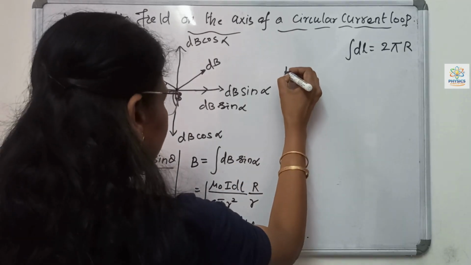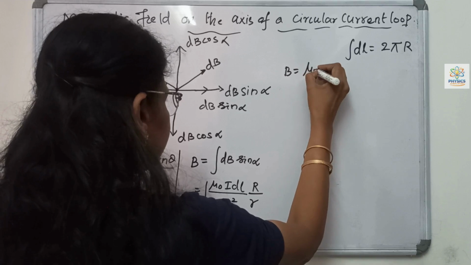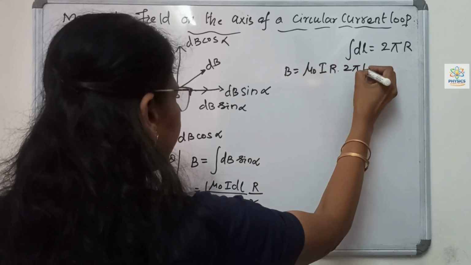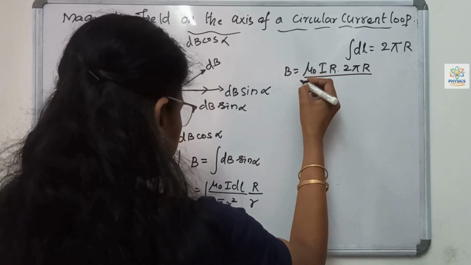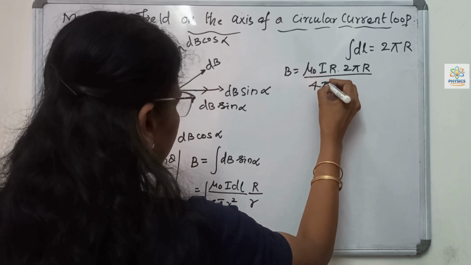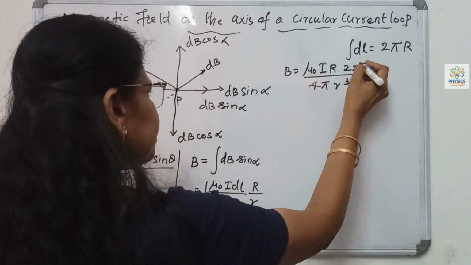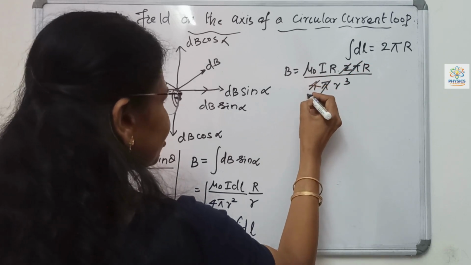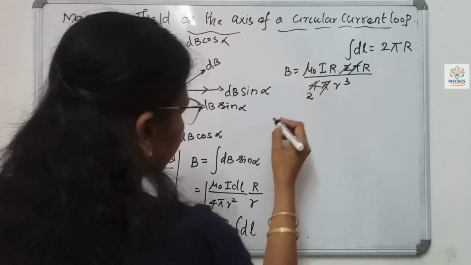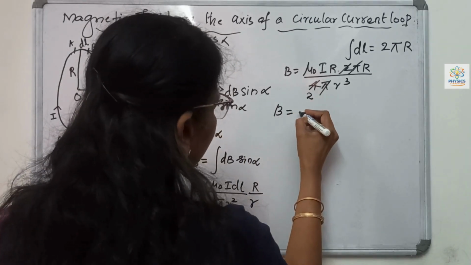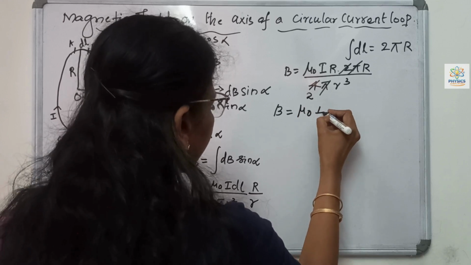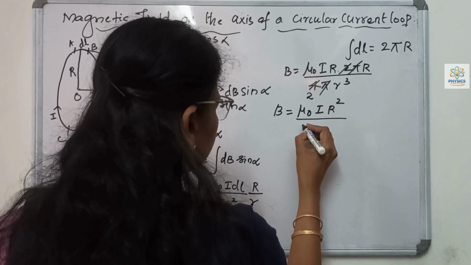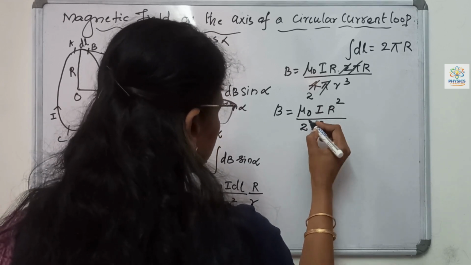Therefore, B is equal to mu 0 I R into 2 pi R the whole divided by 4 pi r cube. Here pi and pi cancel, 2 and 4 cancel, so that we will get 2. Therefore, B is equal to mu 0 I R square the whole divided by 2 into r cube.